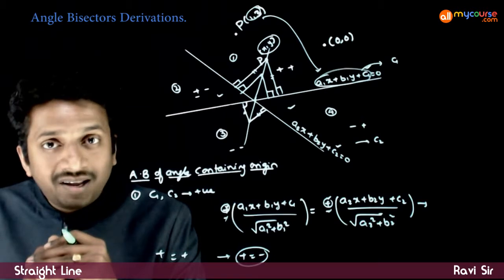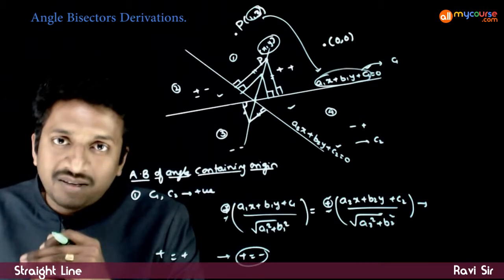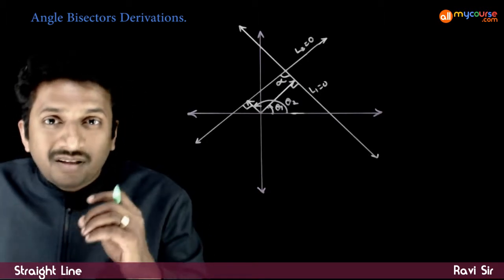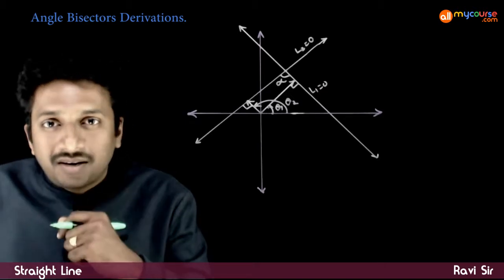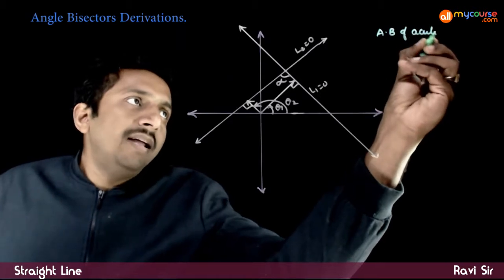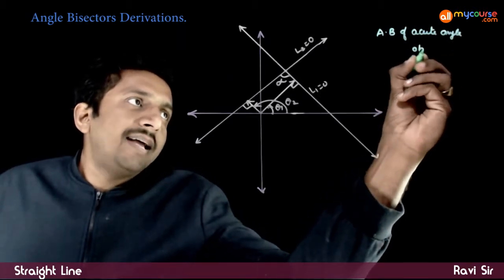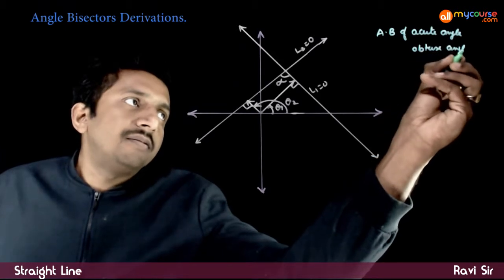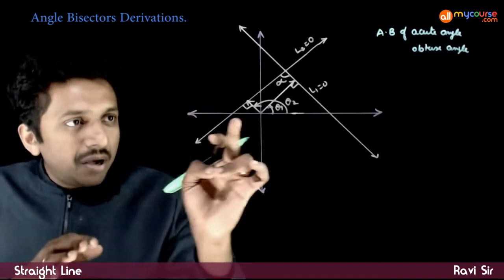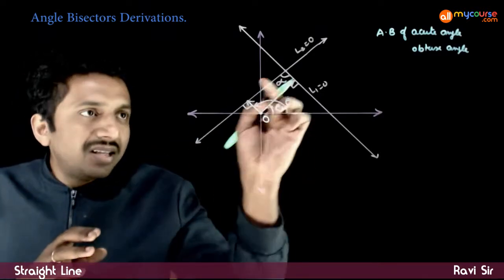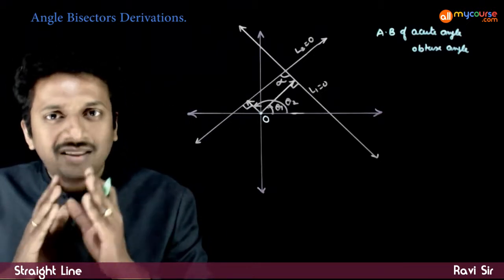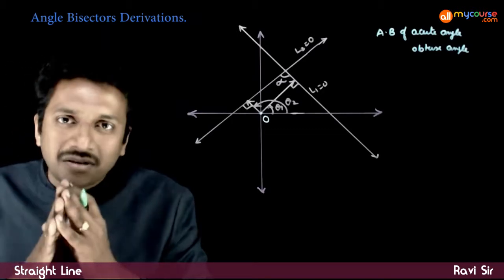Now let us look at how to find the acute angle bisector and the obtuse angle bisector. Next, if you want the angle bisector of the acute angle or the angle bisector of the obtuse angle, what I try to do is find out whether my origin is in the acute angle or the obtuse angle, because I already know how to find the angle bisector of the angle containing the origin.